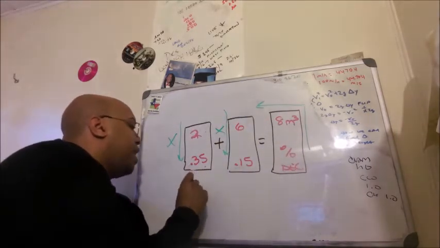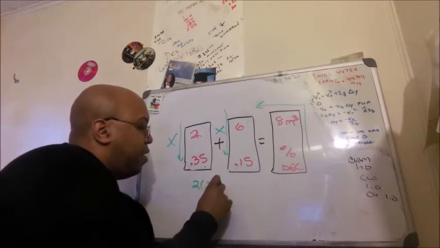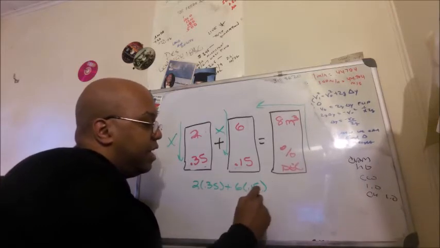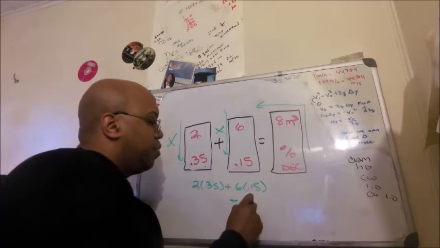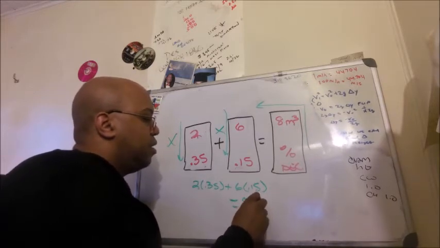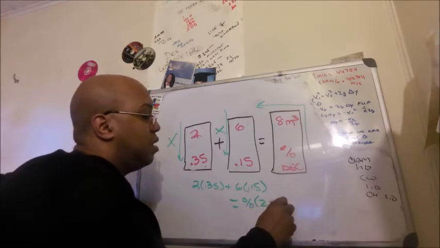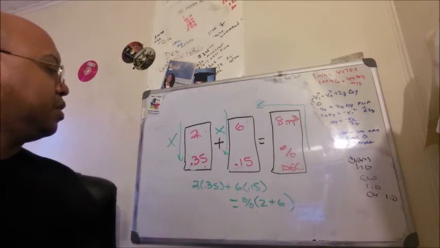All right, so what do I mean by that? 2 times 0.35 plus 6 times 0.15 is going to be equal to the percentage times the sum of these two.